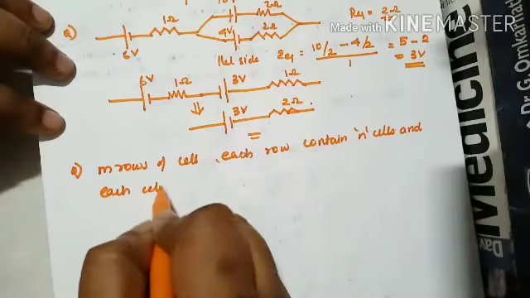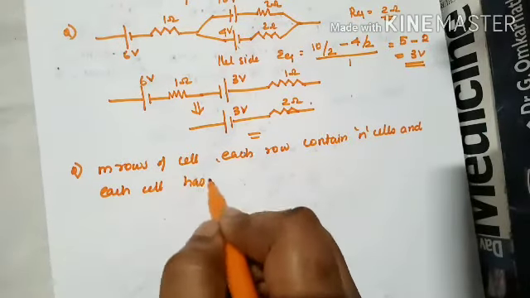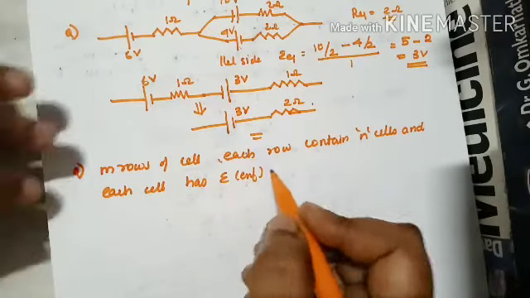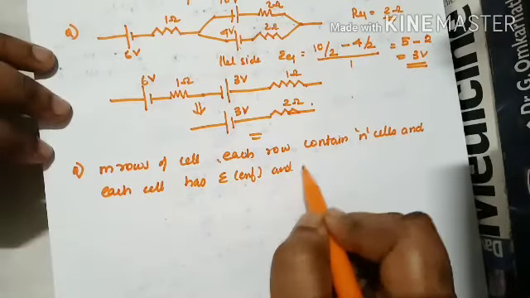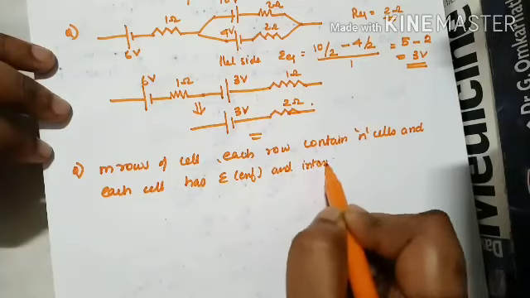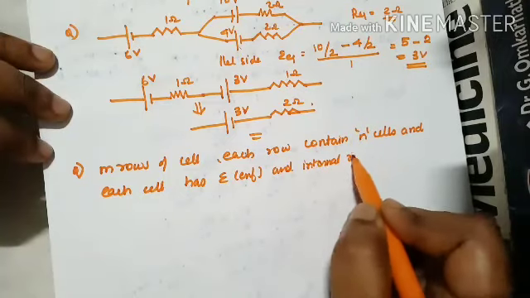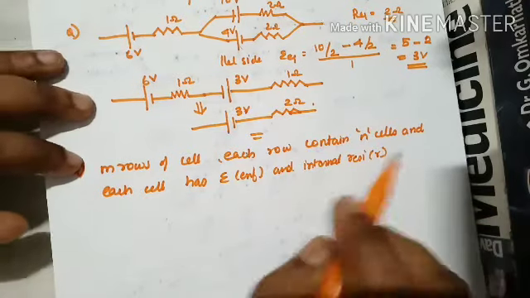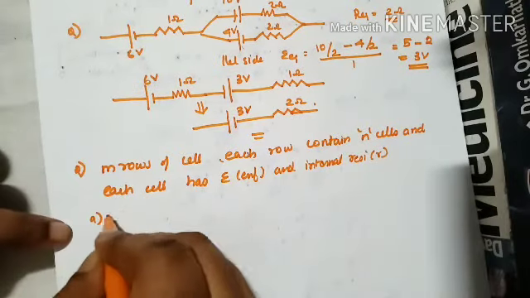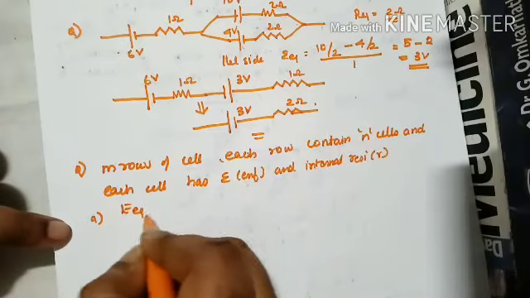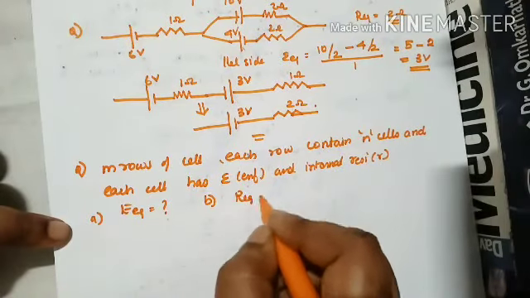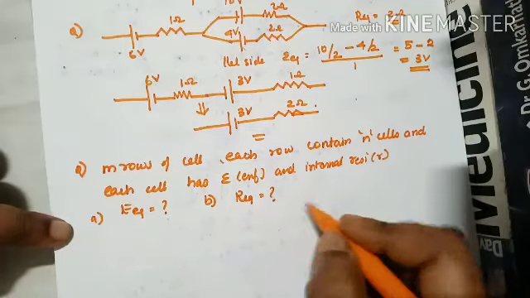Each cell has an EMF of E and internal resistance R. Now the first question: what is the equivalent EMF here? Second question: what is the equivalent resistance here?